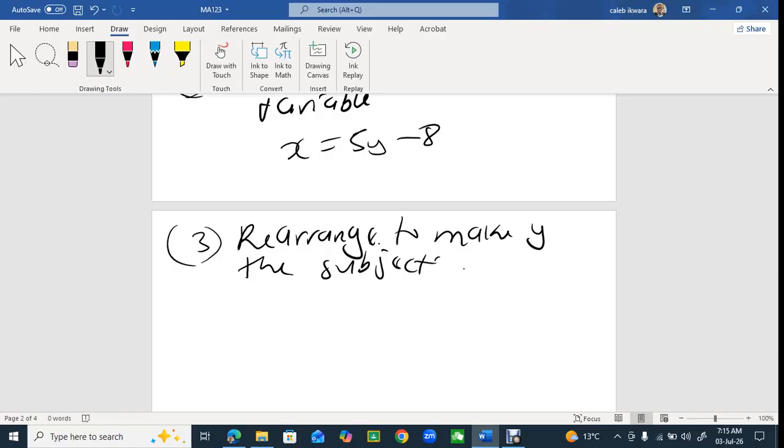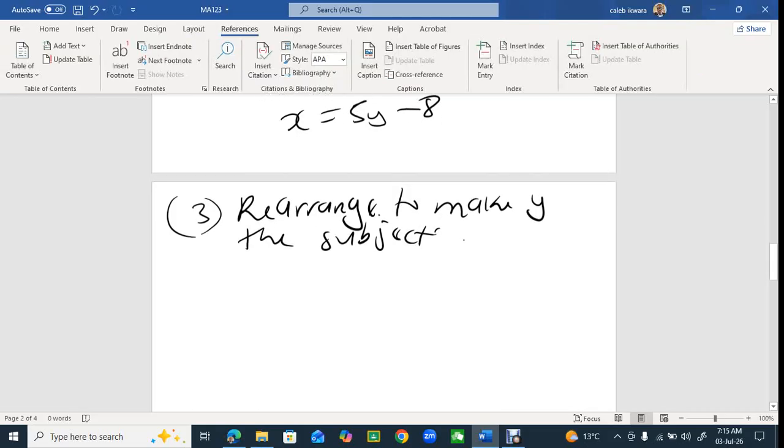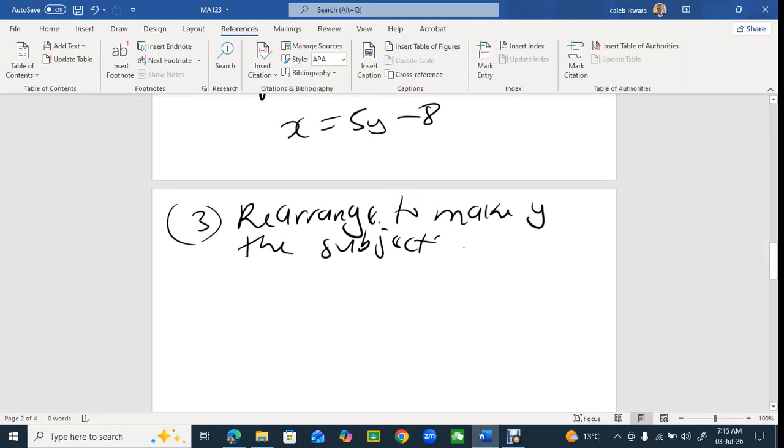Now, in this case, who can come and make y the subject here? So x equals to 5y minus 8. To make y the subject, we need to add 8 on both sides.